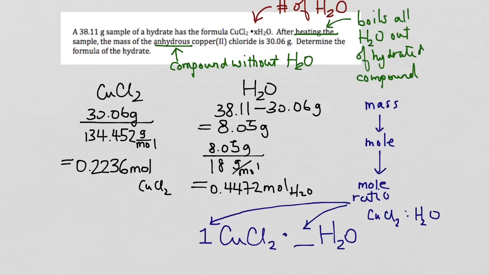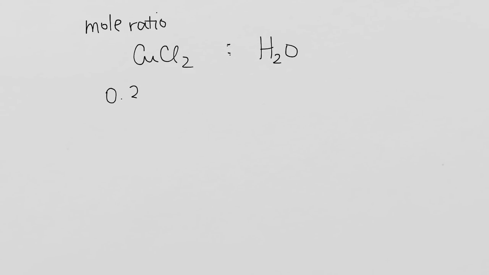Okay, so with those numbers, we can now set up a mole ratio. So the mole ratio of copper 2 chloride to water is 0.2236, again, that's from our calculations on the previous page, to 0.4472.